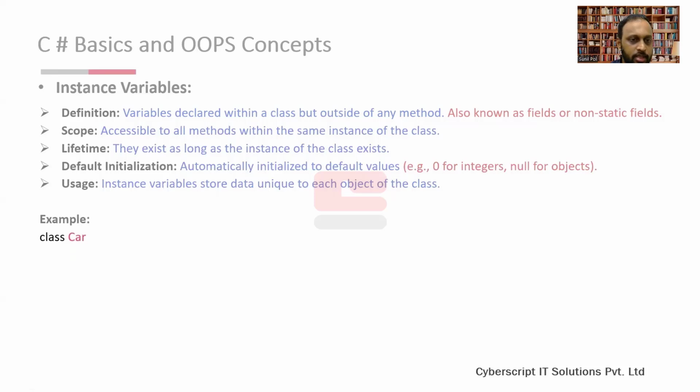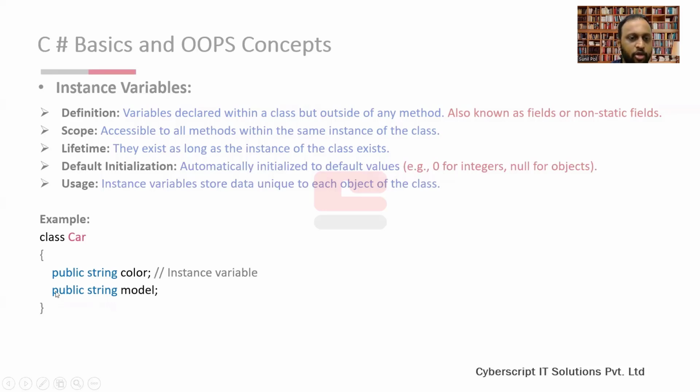So let's discuss the example. We have declared one class Car over here. Also declared some attributes like color and model. They are also called properties. Here color is a string data type and model has the string data type as well. So these are the instance variables.